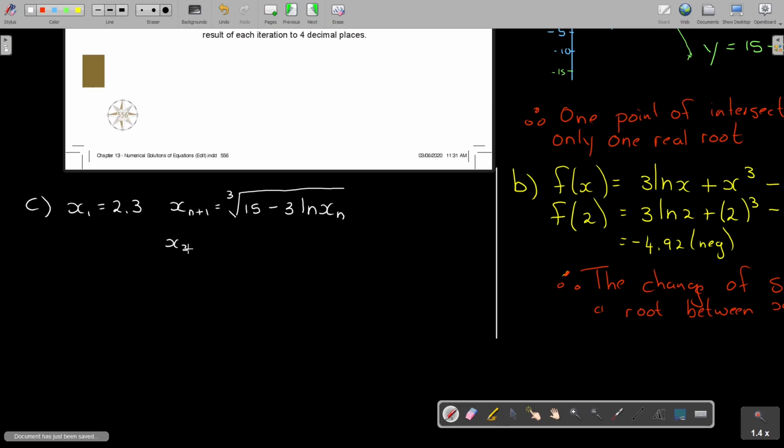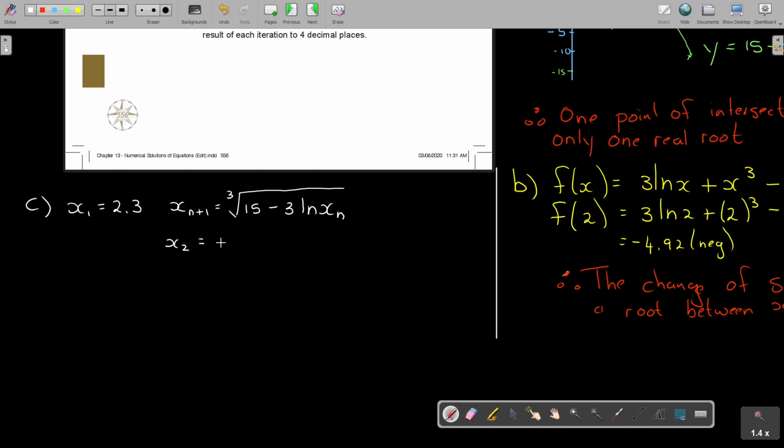So make 2.3 equals. Now it's in your memory. Then start. It's a cube root, so I go shift and press the cube root. It's on top of x^3 on my calculator. Then bracket 15 minus 3, and now it's ln, first ln, and then answer, ANS, close the bracket. I didn't press the multiply. It will directly go, but equals.